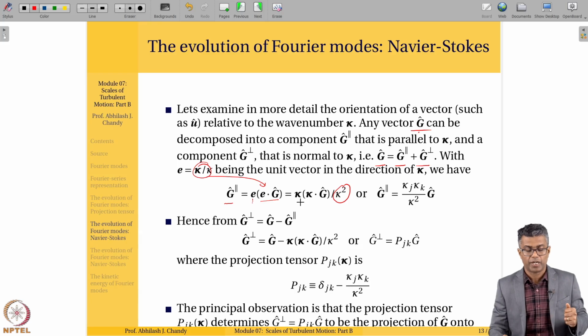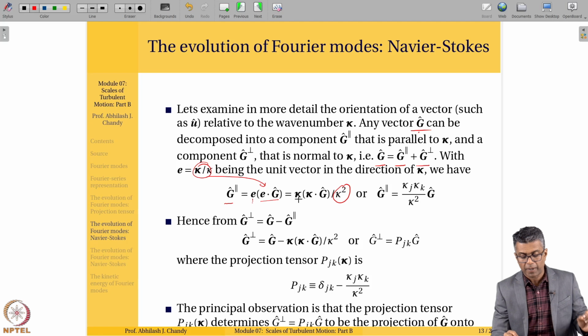In index notation, this means that g hat parallel would be, okay, so kappa dot g. Remember, kappa dot g in index notation is kappa k g k.